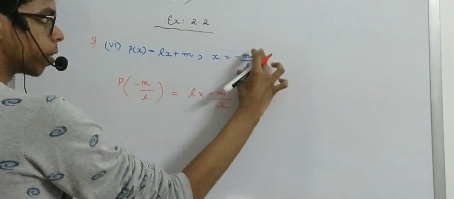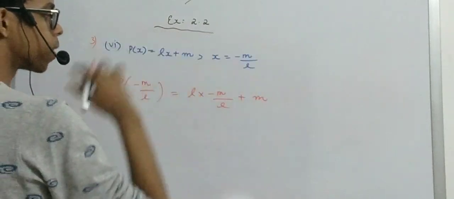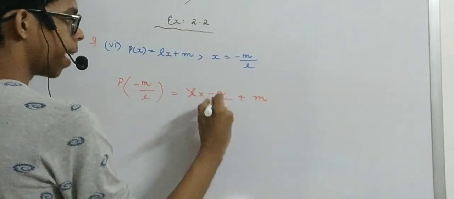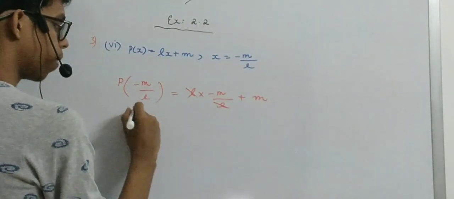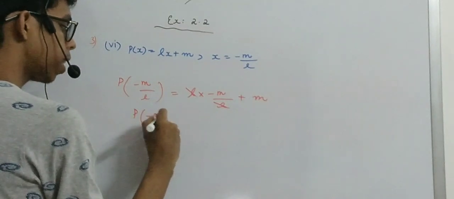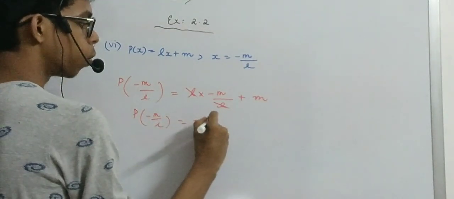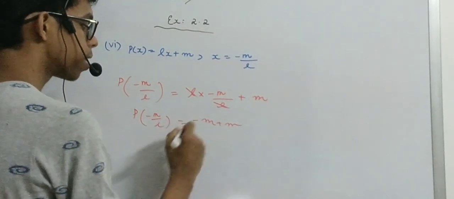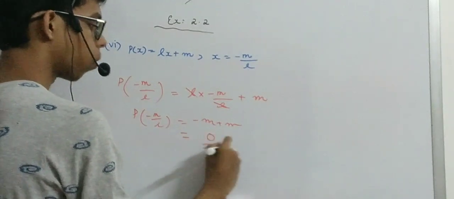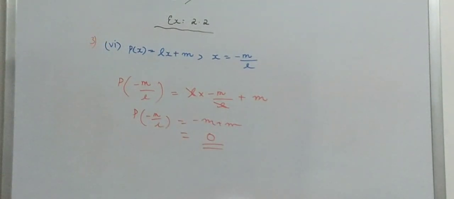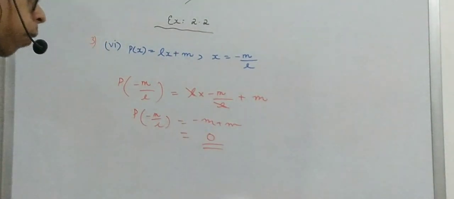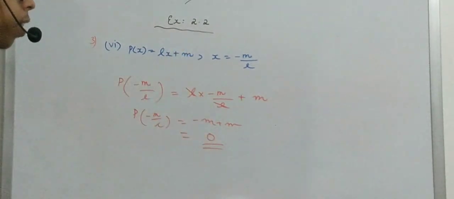I substituted this minus m by l in place of x. You see this l and this l cancel off. So we will get P of minus m by l is equal to minus m plus m. Minus m plus m is what? 0. Since we got the value of the polynomial equal to 0, definitely x is equal to minus m by l is the 0 of the polynomial.